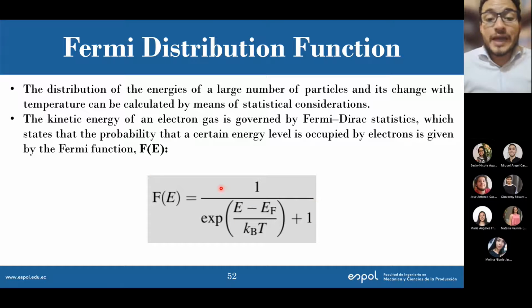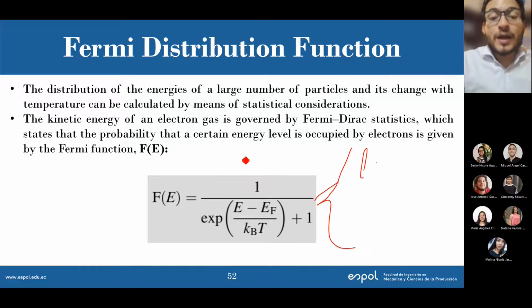So this is the energy, and this is exponential, the difference between the energy and the Fermi energy divided by the Boltzmann constant times temperature. So if this equals 1, what's going to happen, guys, if that's equal to 1? It means an energy level is completely occupied by electrons, right?